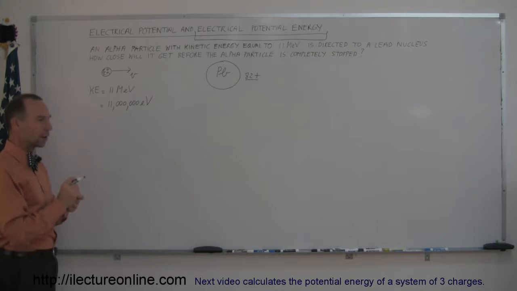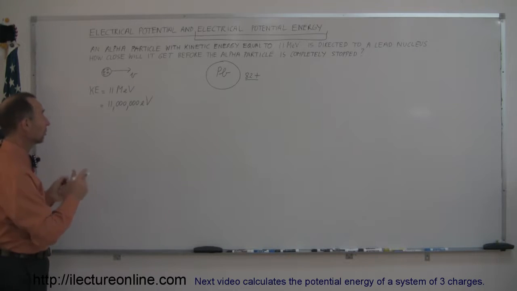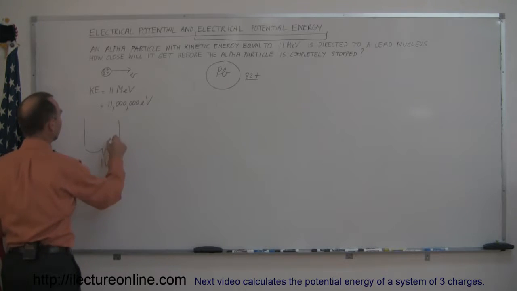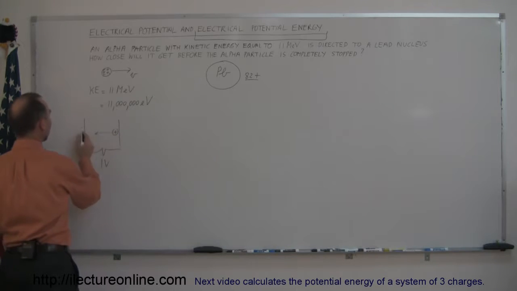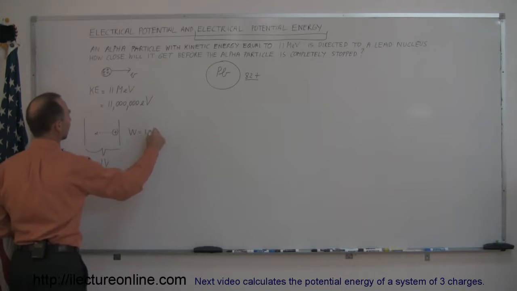It's the energy required to push a single electron or a single proton, a single charge, across a potential difference of 1 volt. So if we have a difference of 1 volt between these 2 plates, and you take a proton and push it all the way across a potential difference of 1 volt, it will require work equal to 1 electron volt.